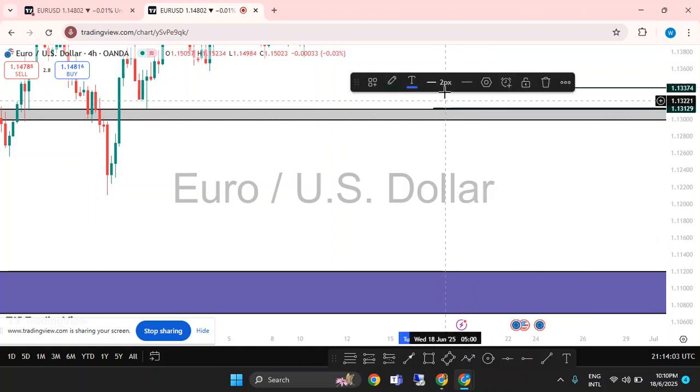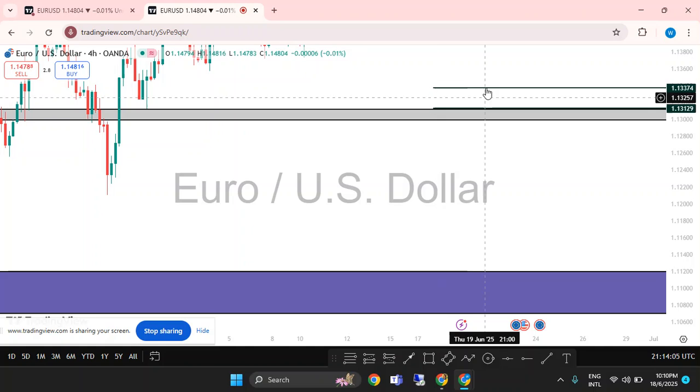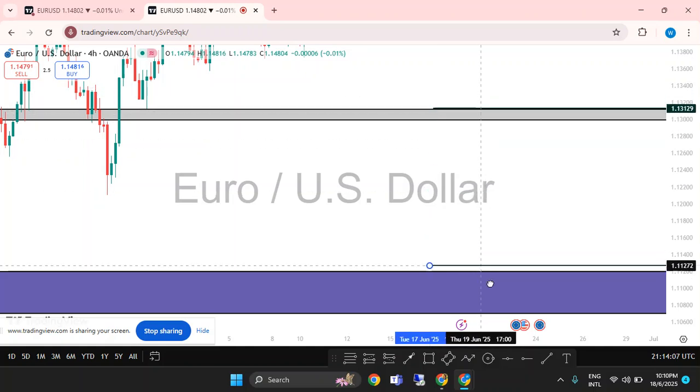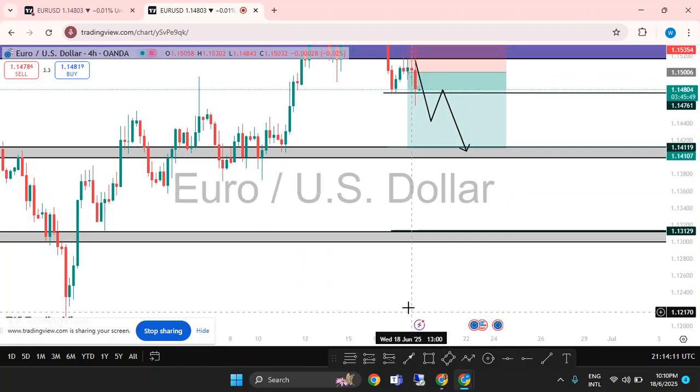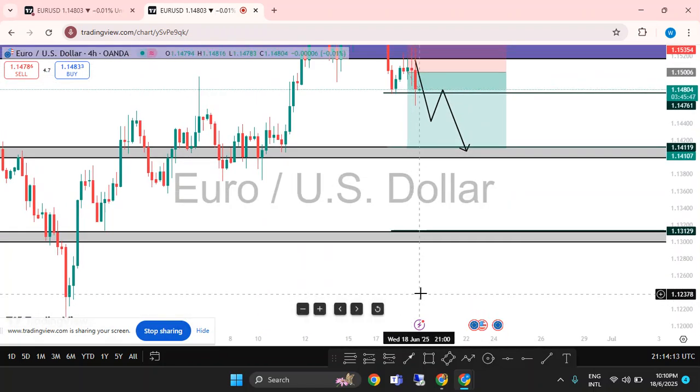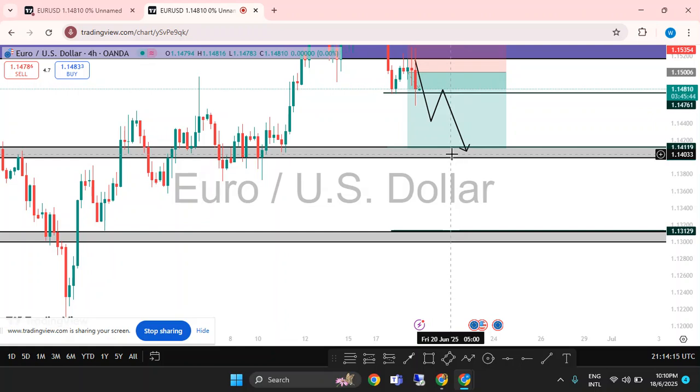Once the market hits these entries and the split take profits, the trades come out automatically by themselves without me monitoring them. This is why I have these zones.